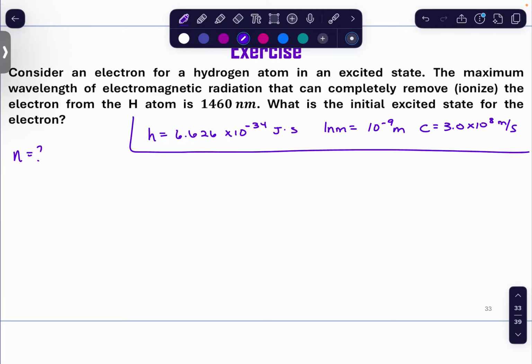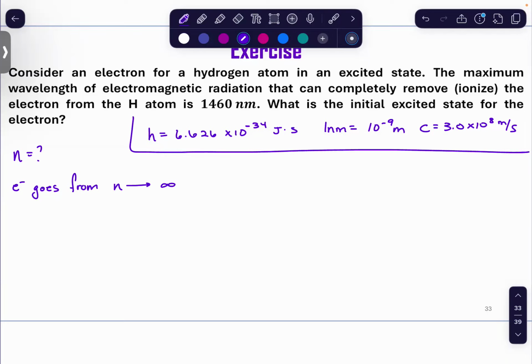Okay, so your electron starts in this level n, but your electron goes from n to infinity. Any electrons that have escaped are said to be at an infinite distance, and all that means is they're no longer being affected by the positive charge in the core of the nucleus.